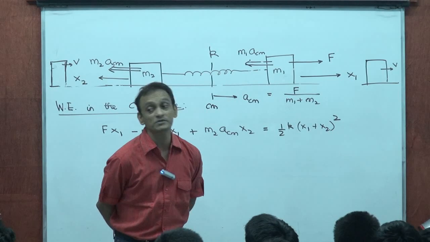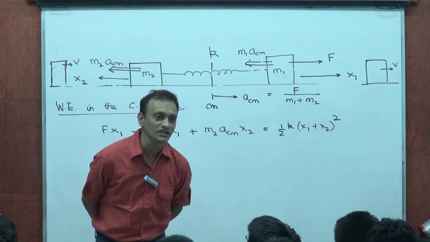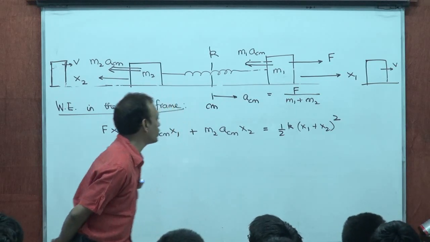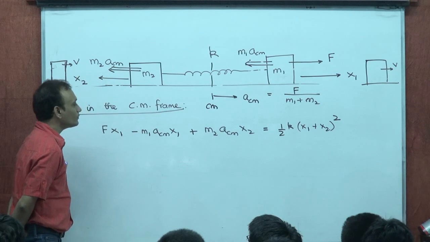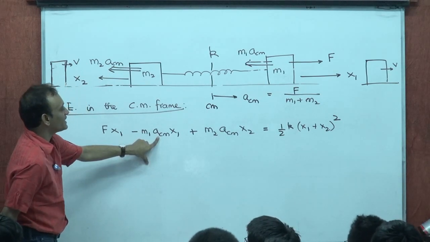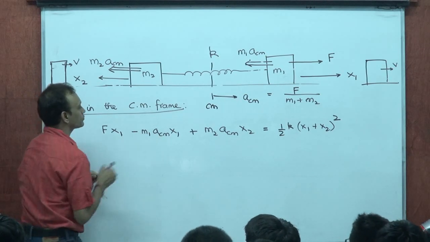Both these subscribe to the same physical condition of the two masses acquiring the same velocities in a state of maximum or minimum elongation. Now, I can replace this ACM by F by (m1 plus m2).